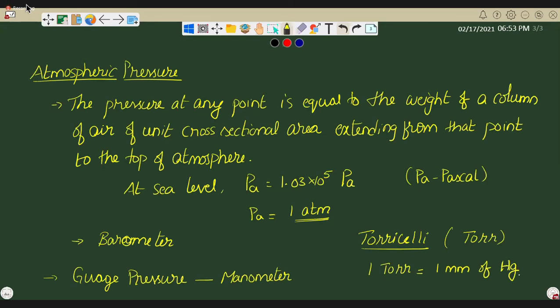In the periodic table, you have something called Hg. So 1 torr is equal to 1 mm of Hg. So torr is like a short form of Torricelli. He is a scientist, mercury-based barometer. Understood? Yes.